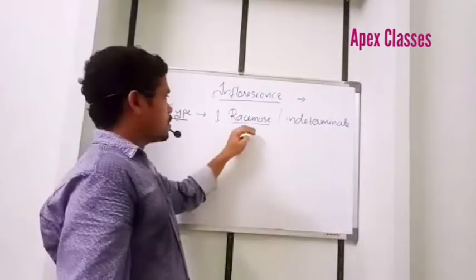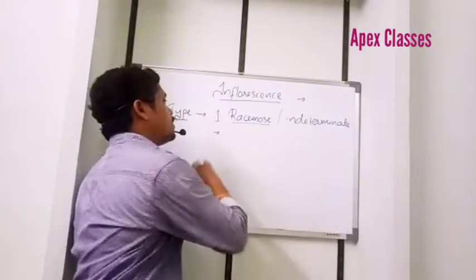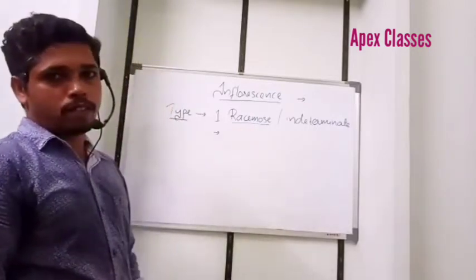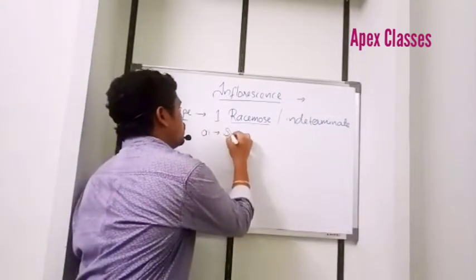So, we are discussing racemose inflorescence. There are different types of racemose inflorescence. The first one is simple raceme.